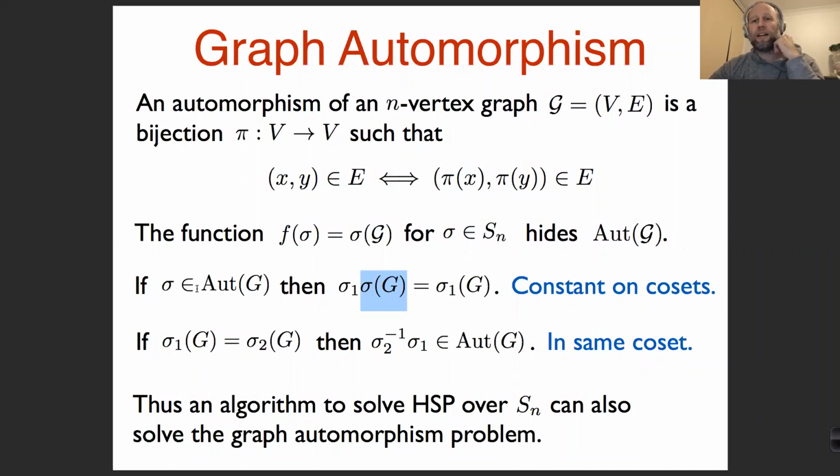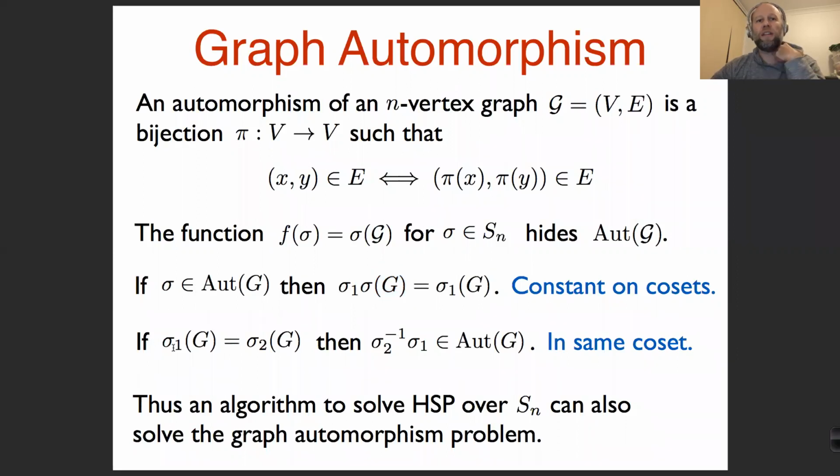So that means that this function is going to be constant on a coset of the automorphism group of G.